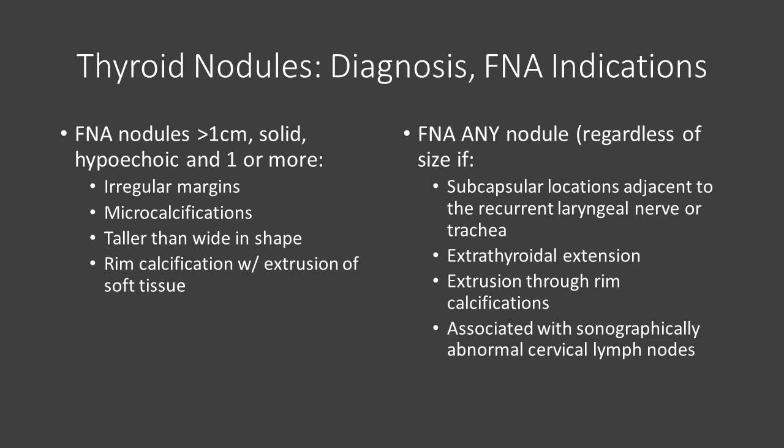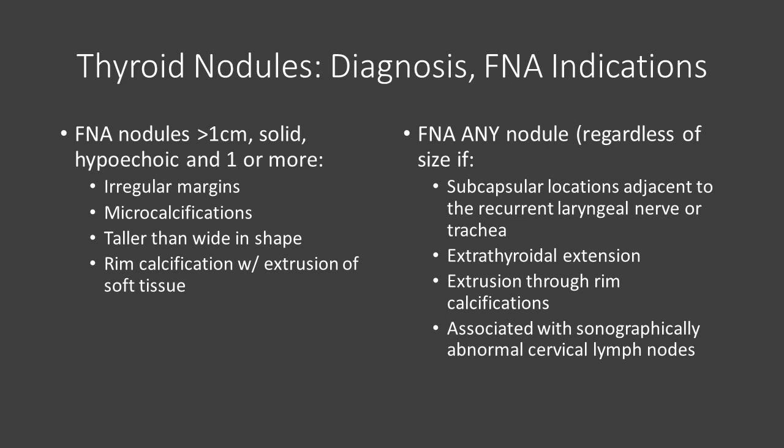solid hypoechoic is bad, okay? So if it's greater than a centimeter, it's solid, it's hypoechoic, so it's dark, it's less echogenic than normal. It's bad. So other things, this is true for many other types of cancers, breast cancer specifically. If you have irregular margins, microcalcifications are bad.